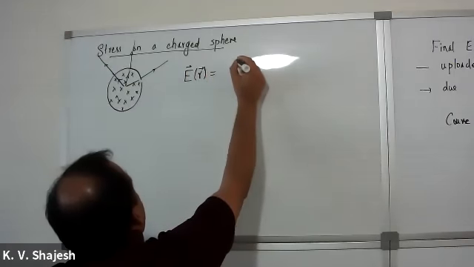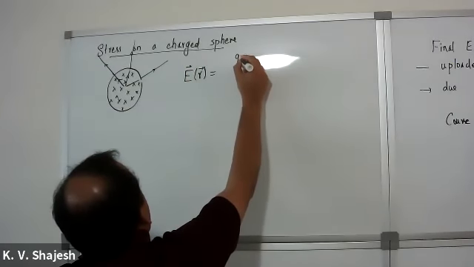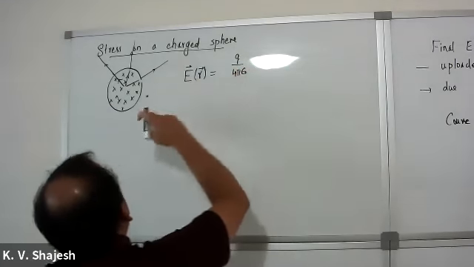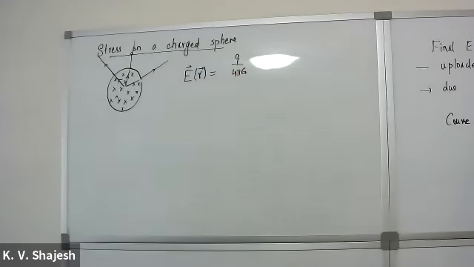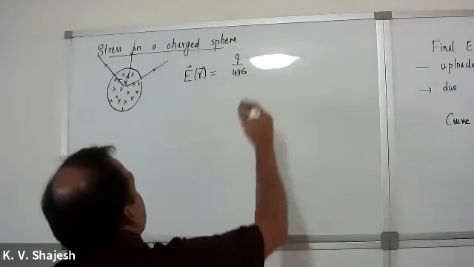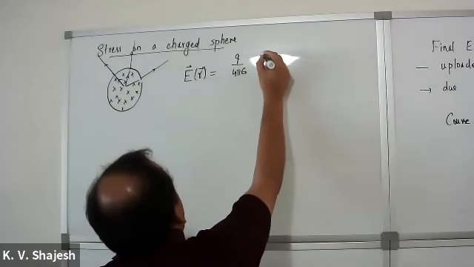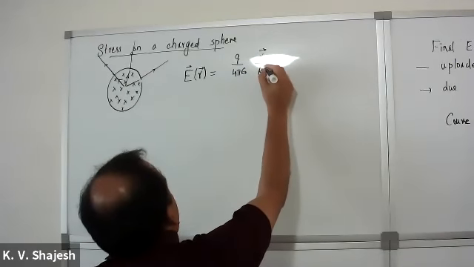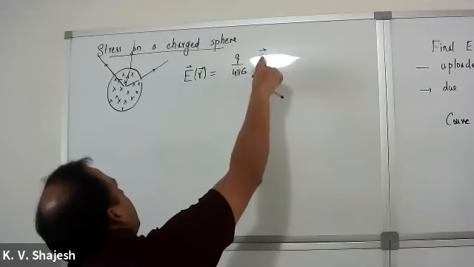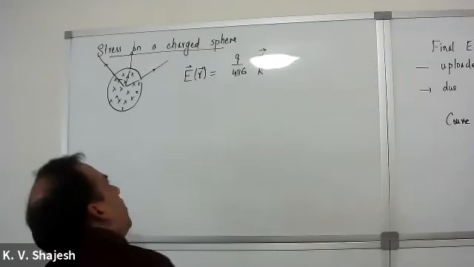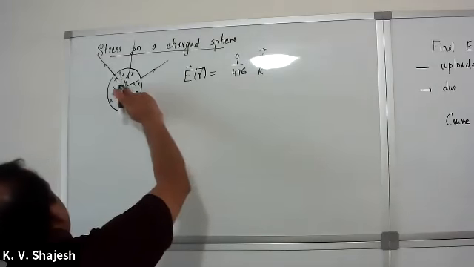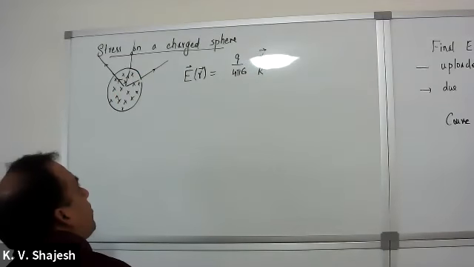If you're inside, it is q over 4 pi epsilon naught, and it grows linearly. If you're right at the center, the electric field is 0. So with the vector r, that's r over R cube. Notice this is linear because there is a magnitude r in the numerator, and the denominator is just the radius of the sphere. So it increases linearly from center to the surface.